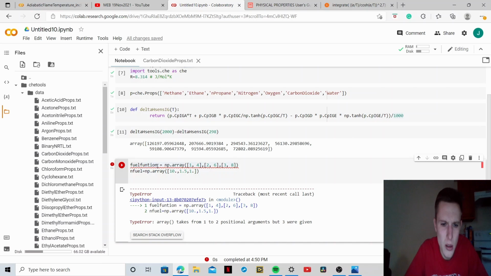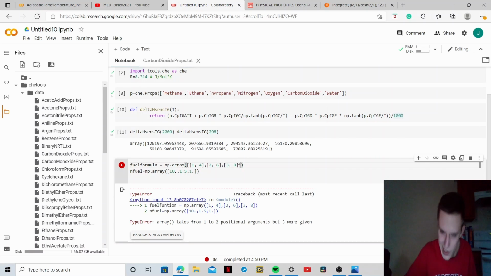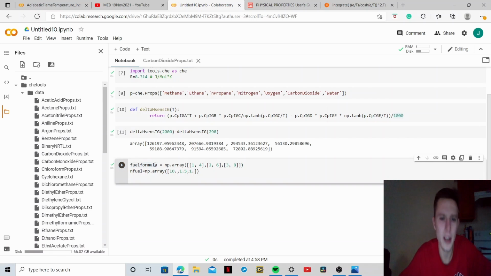First of all, for the sake of this, it isn't really a function, it's more of a formula. So I'm going to rename it formula, and the problem I believe I'm having here is I need to put all of these in brackets. And now let's run it. Now it works. Okay, so I had an improper syntax there.